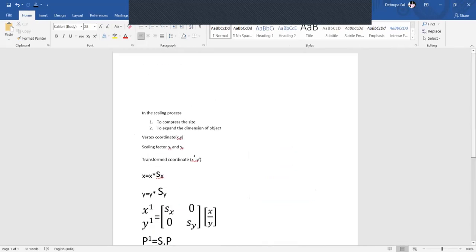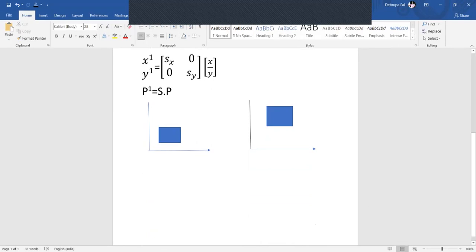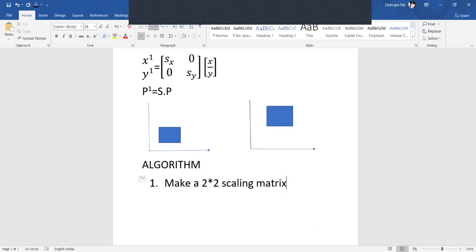Now, if we want to write the algorithm for the scaling process, how will we write it? Let me write the algorithm. The first step is to make a 2 cross 2 scaling matrix S. How will S look?